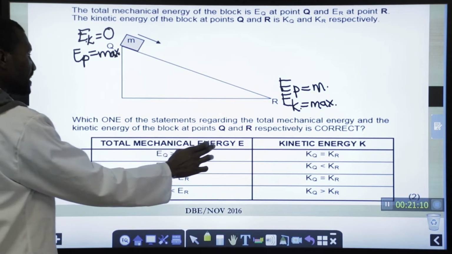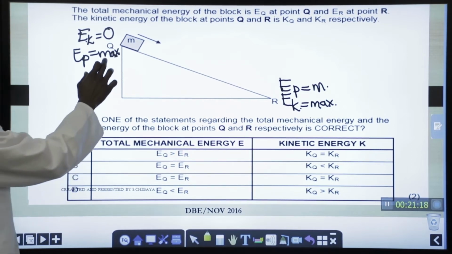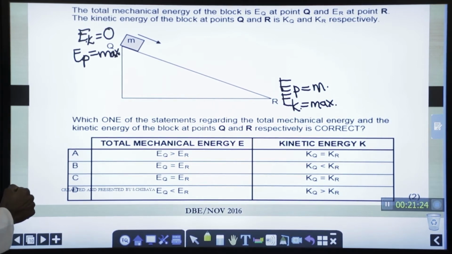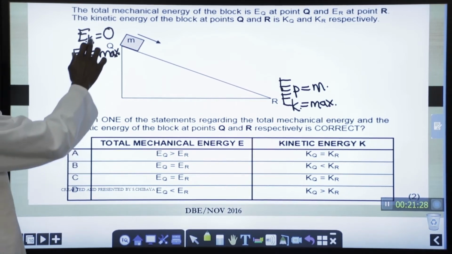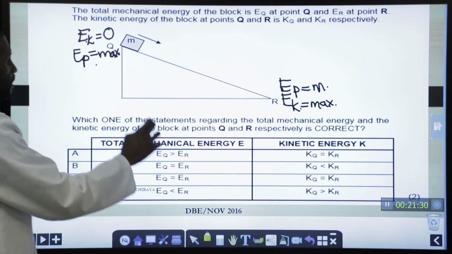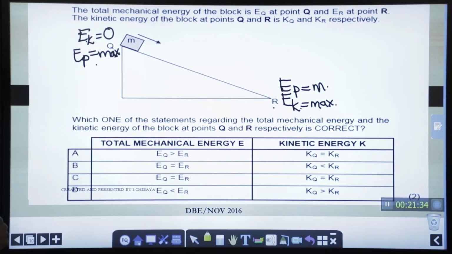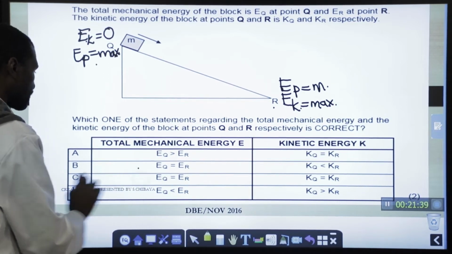Total mechanical energy, E. Okay? So, if we consider at point Q, the total mechanical energy at point Q is equal to the total mechanical energy at point R. So, these ones with equal signs, one of them is correct.